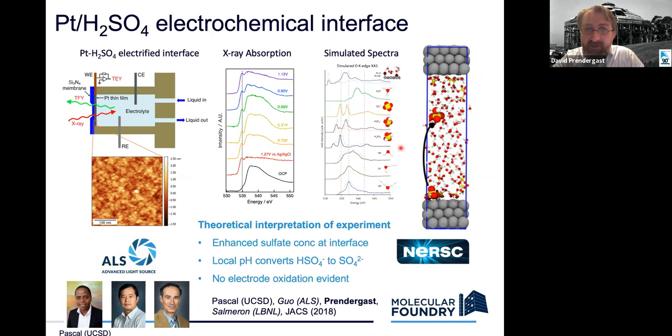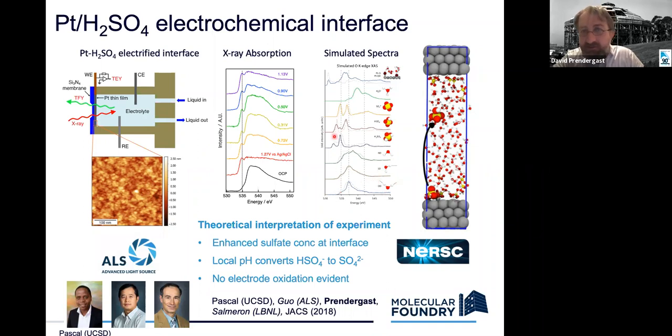And then our simulated spectra are a little bit different. What we did was we examined each of the chemical species that might be present in the electrolyte, both near the interface and in the bulk. Everything from hydronium ions, which are the acid part of sulfuric acid, sulfate anions, bisulfate, which is a protonated version of sulfate, sulfuric acid, and then water in its various no donor, single donor, and double donor hydrogen bond cases.